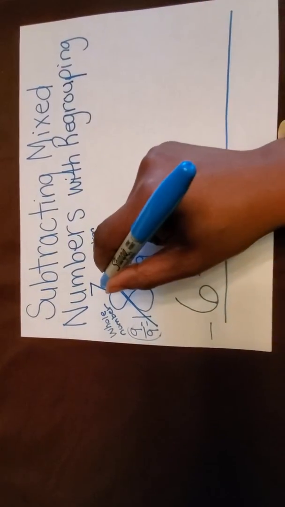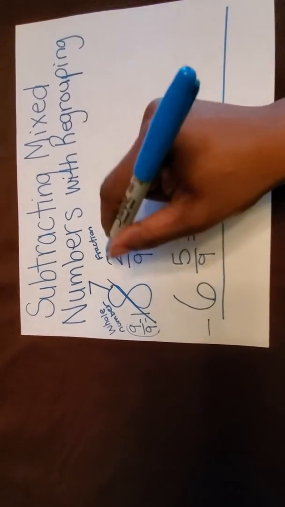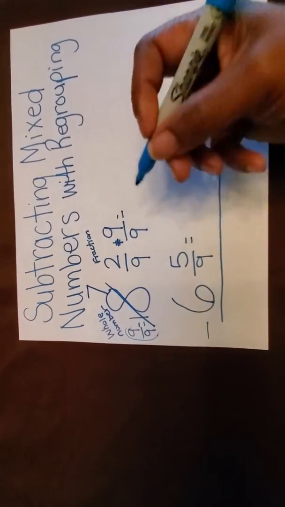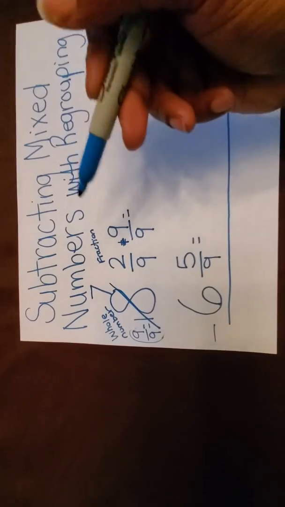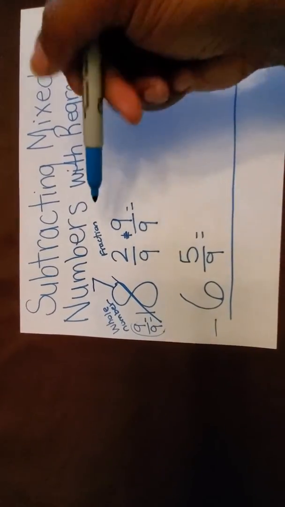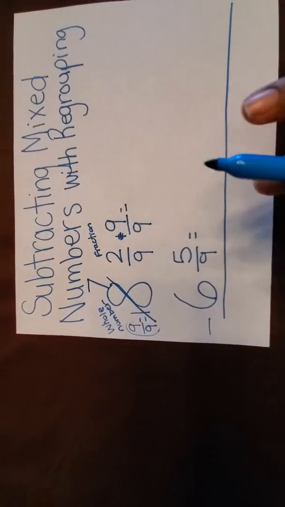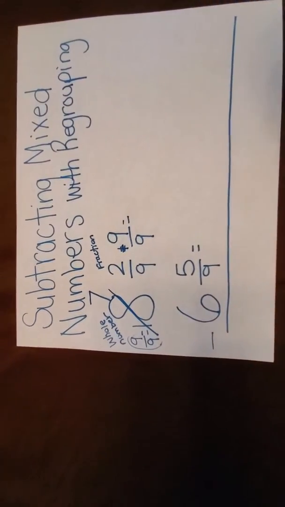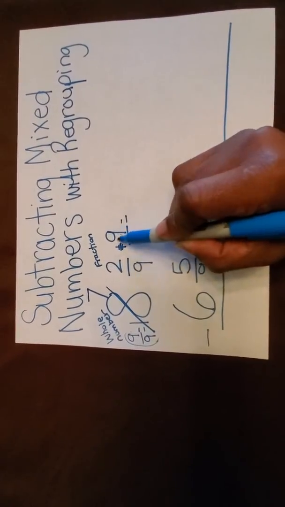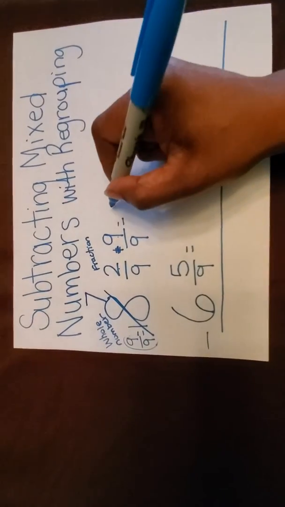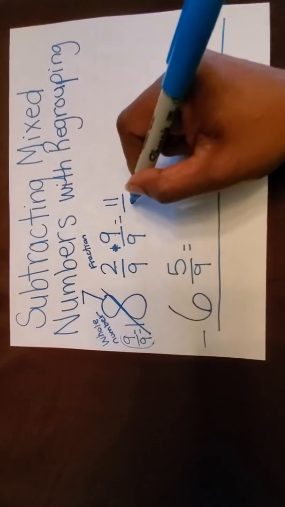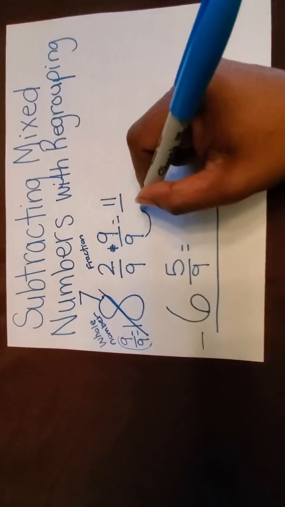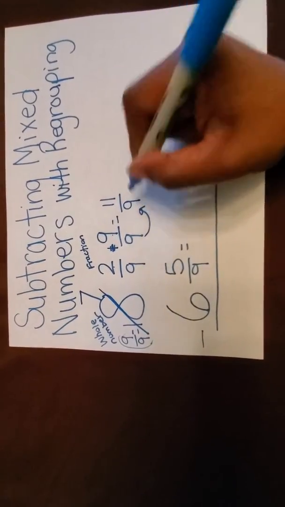So not only will you have a new whole number, you're also going to have a new fraction. Now, your new fraction will most likely be an improper fraction. However, don't worry about it right now because this is what you're going to need in order to successfully subtract. So 9 plus 2 is 11. And you're going to bring your denominator right over, which is 9.